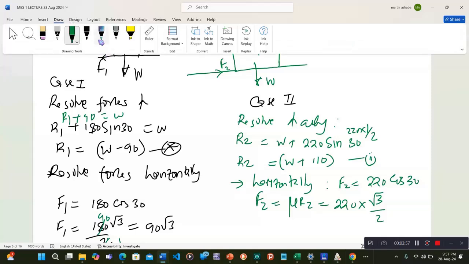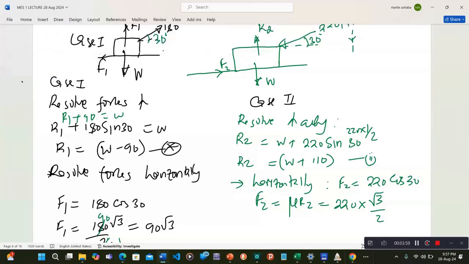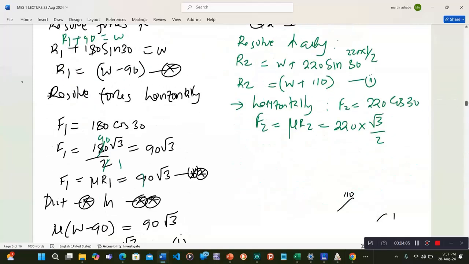What do I do? I cancel by 2, 110, by 2, 1. So I have F2 equal to nu into what is R2? R2 is W plus 110, okay, and is equal to 110 root of 3.